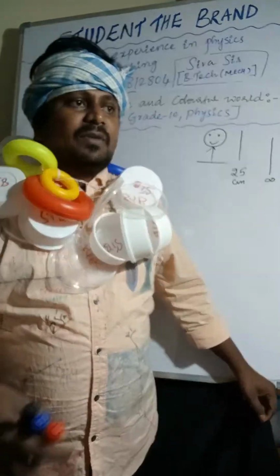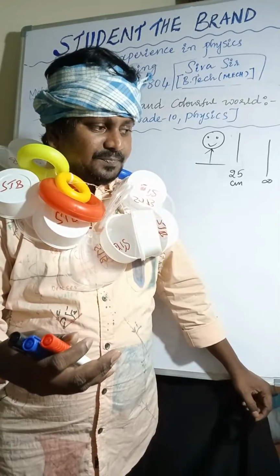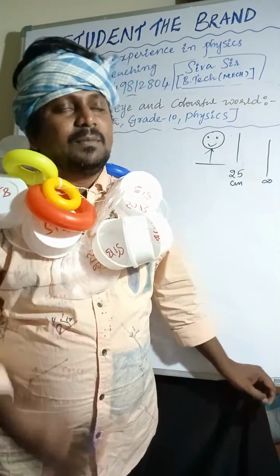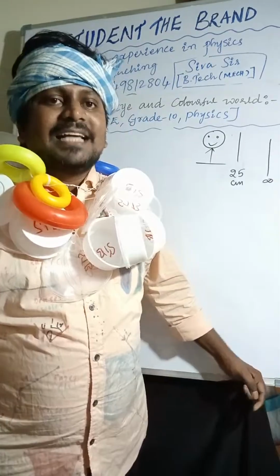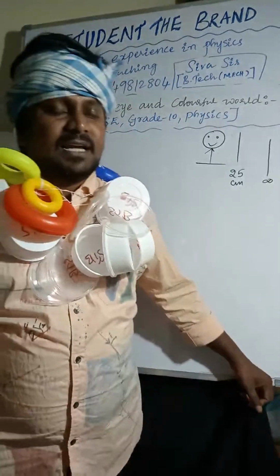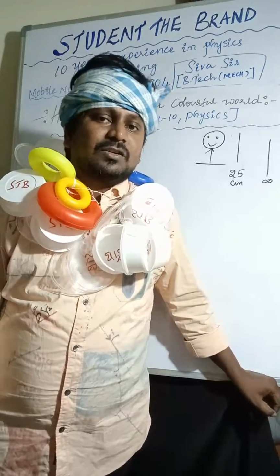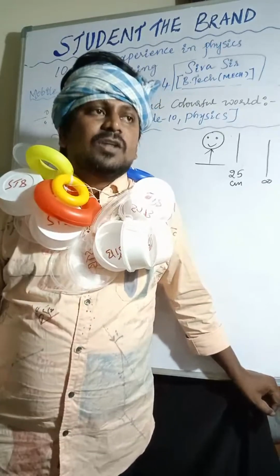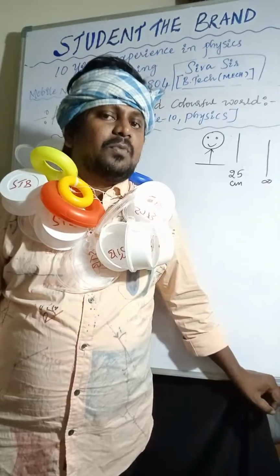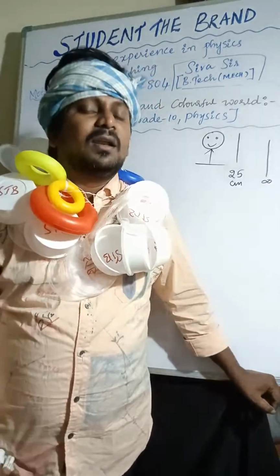Okay, so the maximum point or far point is the maximum distance up to which a person can see clearly without any strain or pain. So far point and near point.